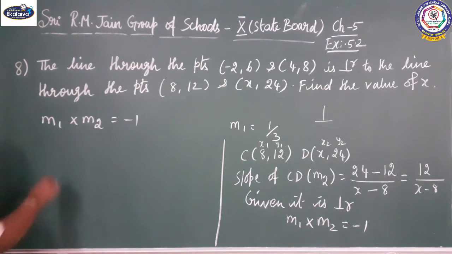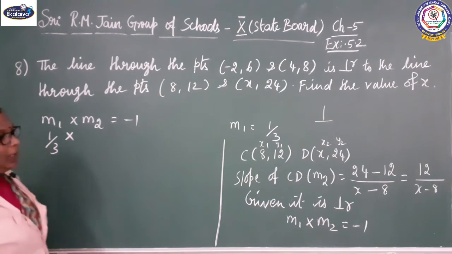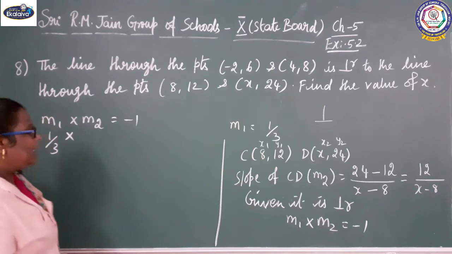M1 value is 1 by 3, and M2 is 12 by x minus 8.